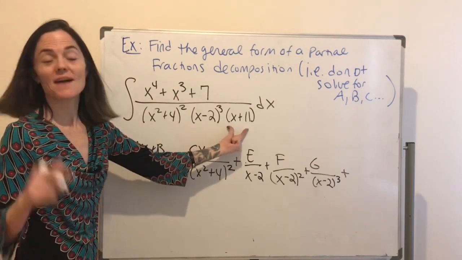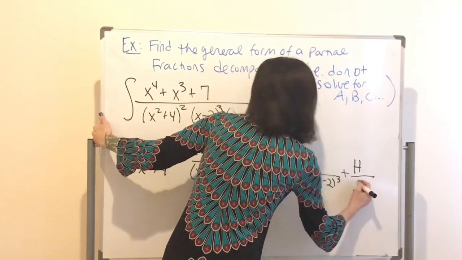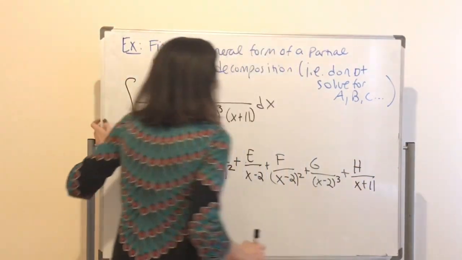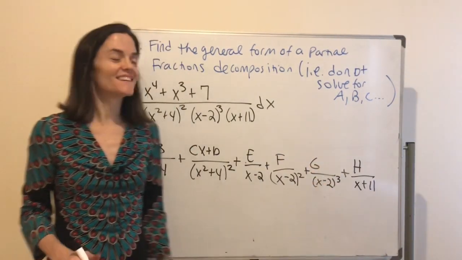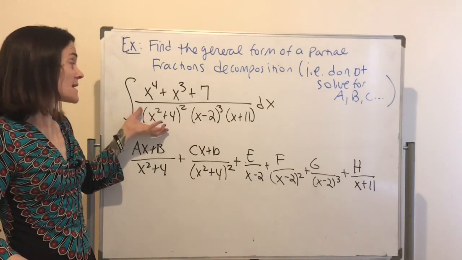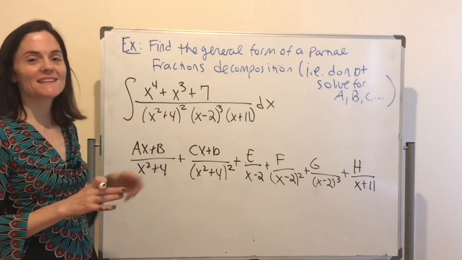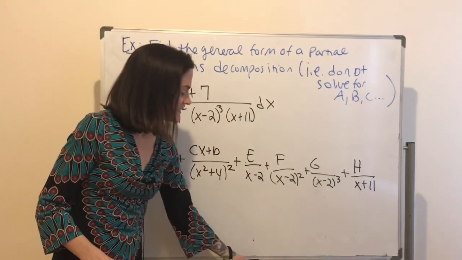And then finally we have a distinct linear, so we have an h over x plus 11. And you can count, we have 1, 2, 3, 4, 5, 6, 7, 8 coefficients here. And it makes sense, as I mentioned, because the degree in the denominator is 8.